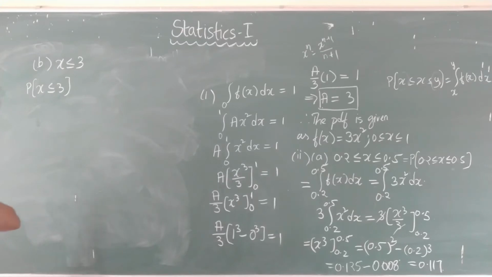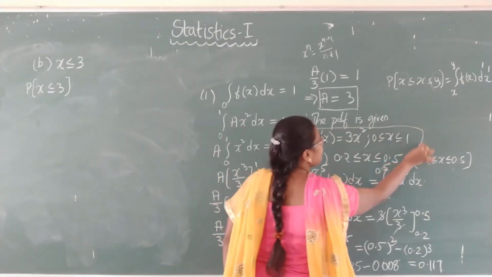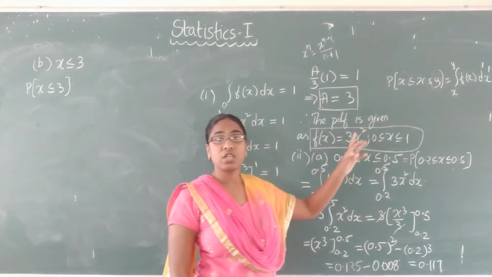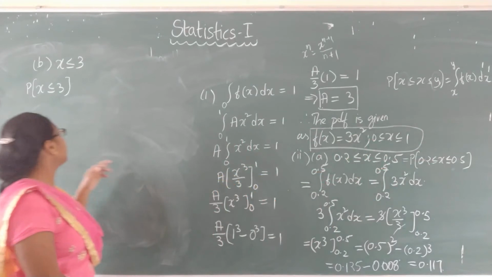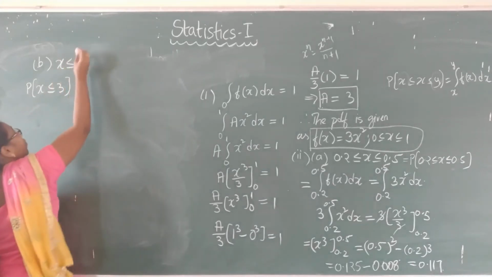So what is the general PDF we have? Here the PDF is f of x equals 3x square, where x lies between 0 and 1. So here we have to find the 0.3, right? The second bit is less than 0.3, so we have written 3.